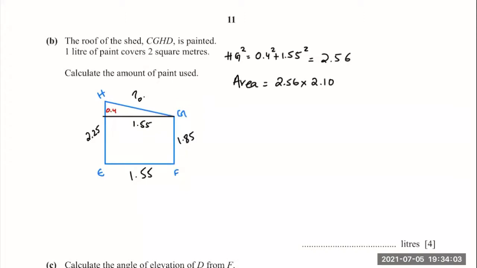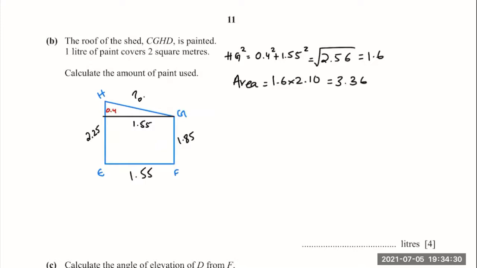What does that give me? 1.6. अच्छा मैंने रूट नहीं किया, सॉरी, my bad. 1.6 into 2.10 is 3.36.